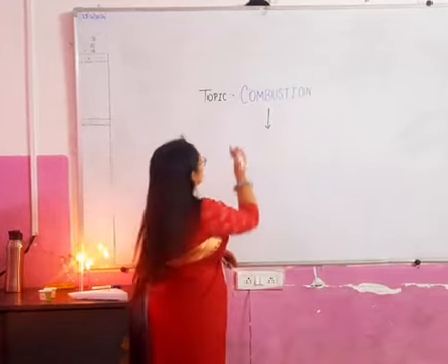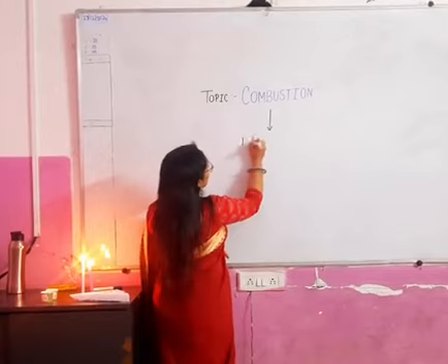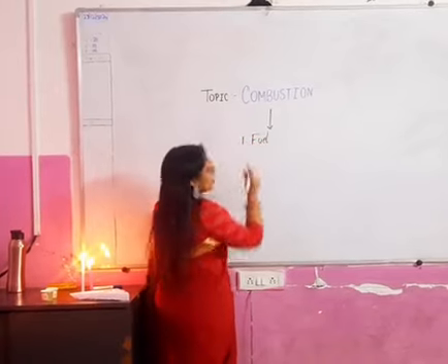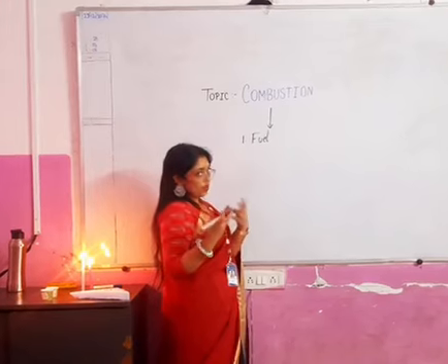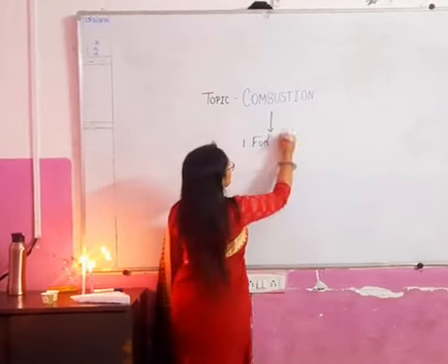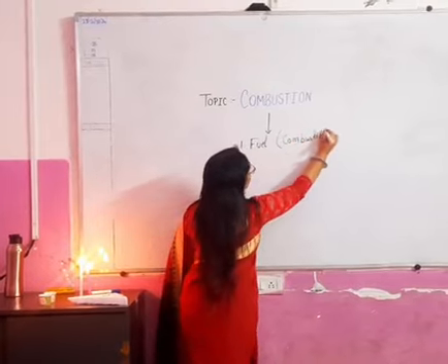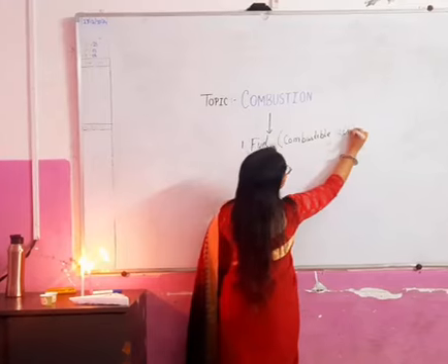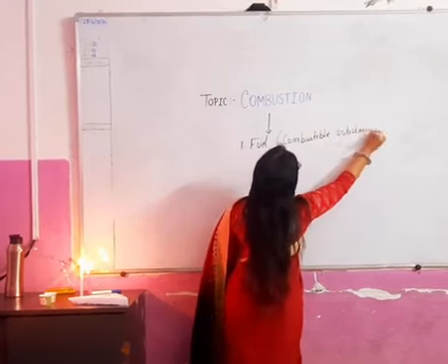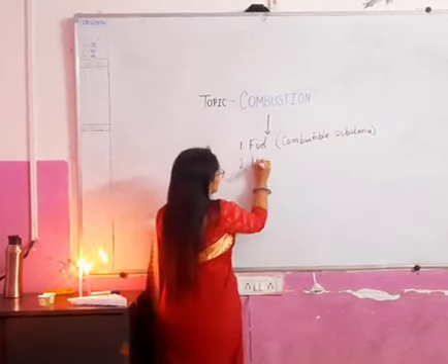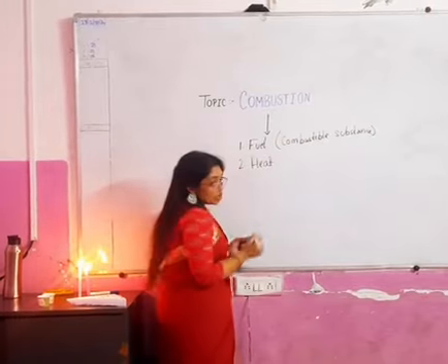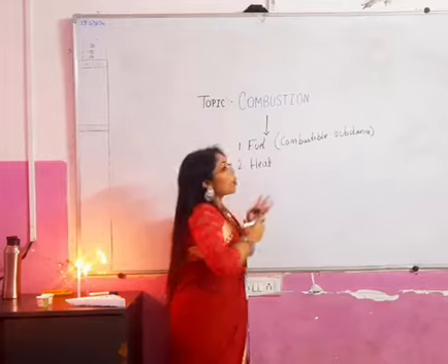Let's see what combustion actually needs. Combustion actually needs three things. One is fuel, meaning the proper fuel that helps to burn. We can see the combustible substance. And next we have heat, meaning proper temperature.